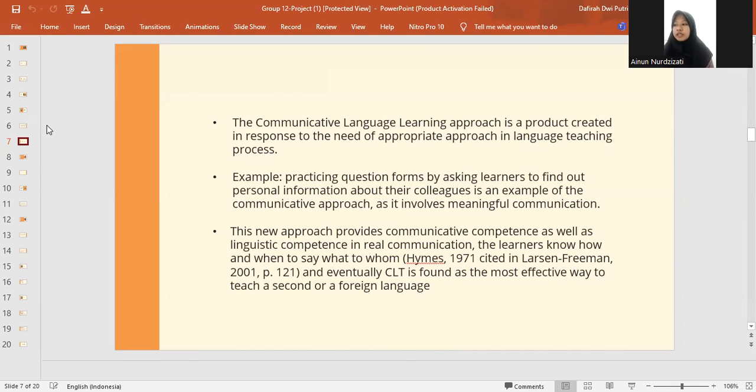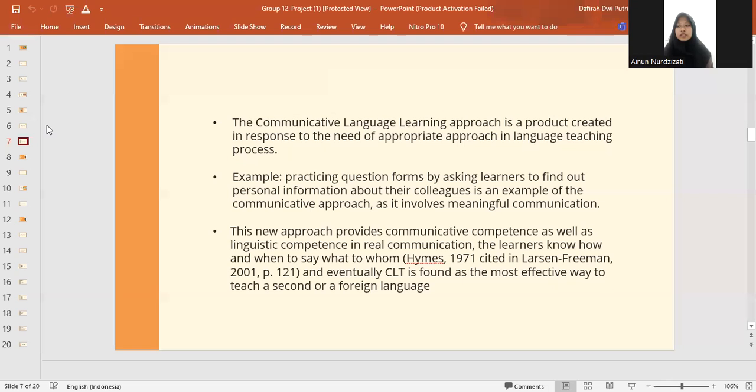Larsen-Freeman states that the communicative approach is the most effective way to teach a foreign or second language, because this communicative technique contributes to the rapid acquisition of the students' speaking skill. In CLT, the student must learn to establish contact with the lecturer, to be able to put himself in the place of another and cope with the current situation of communication.